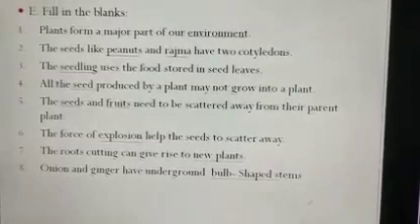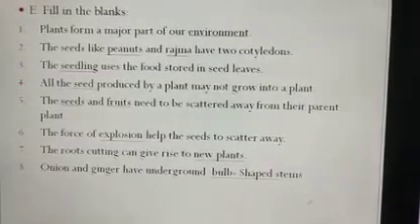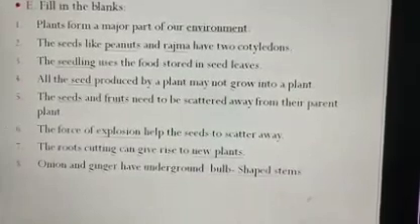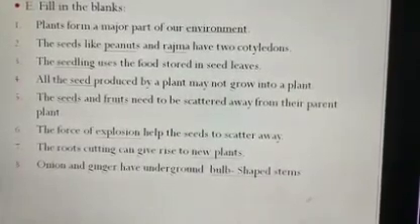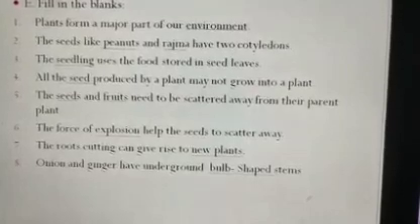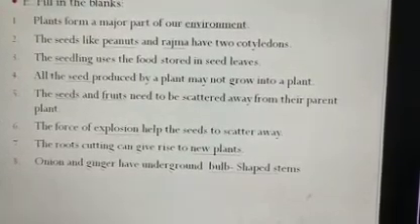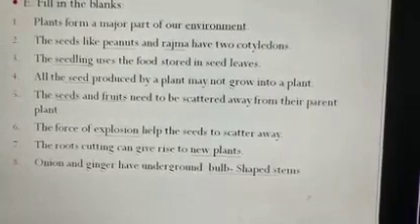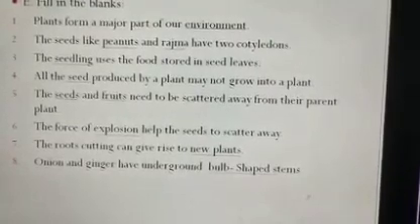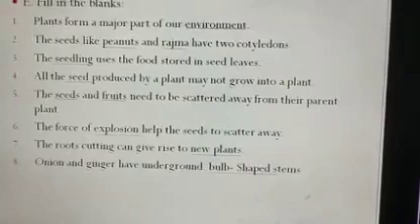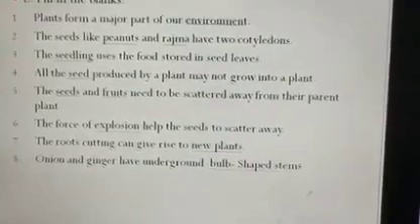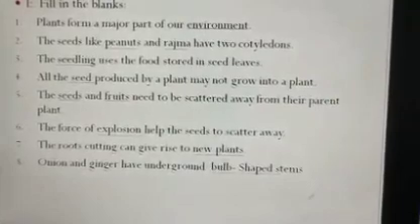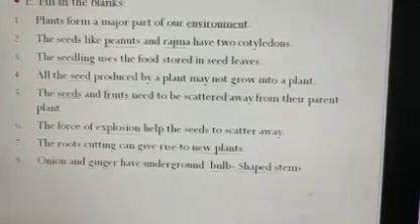The seeds and fruits need to be scattered away from their parent plant. 6. The force of expulsion helps the seeds to scatter away. 7. The root cutting can give rise to new plants. 8. Onion and ginger have underground bulb-shaped stems.